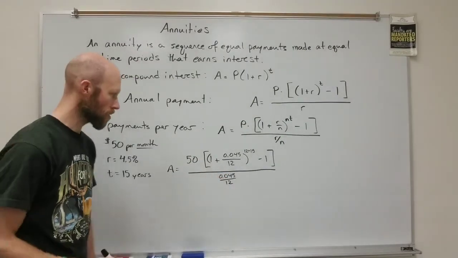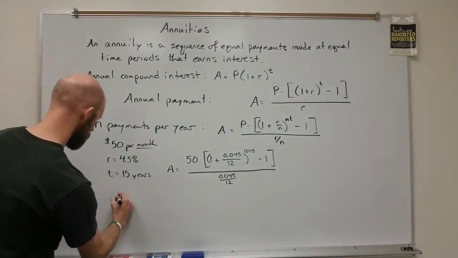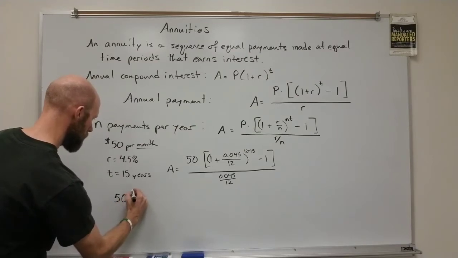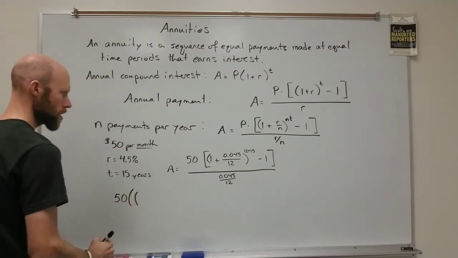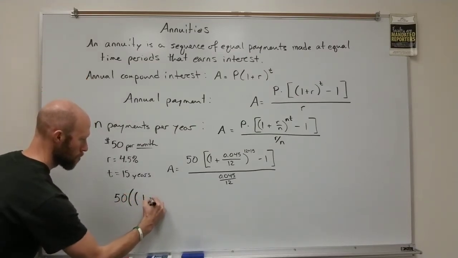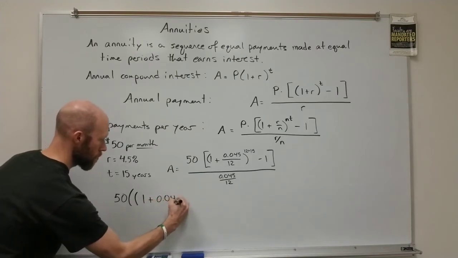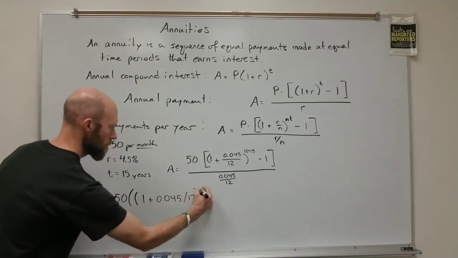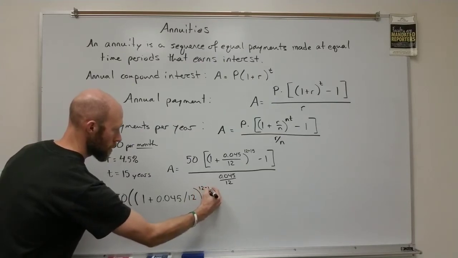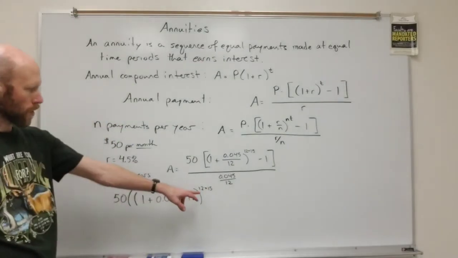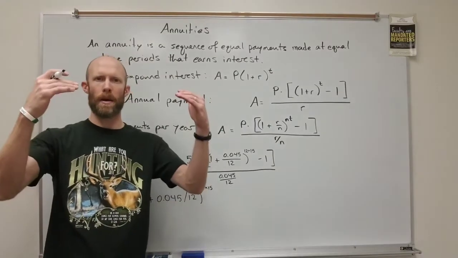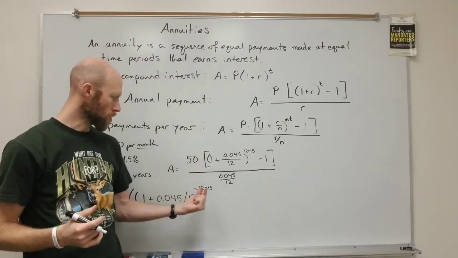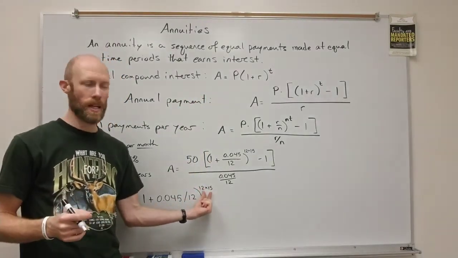When I punch it in the calculator, it's going to look like 50 parenthesis 1 plus 0.045 over 12 parenthesis. I'll punch in the 12 times 15. Now some of you will have calculators that actually pop that up into the superscript, in which case you can just punch 12 times 15 in.